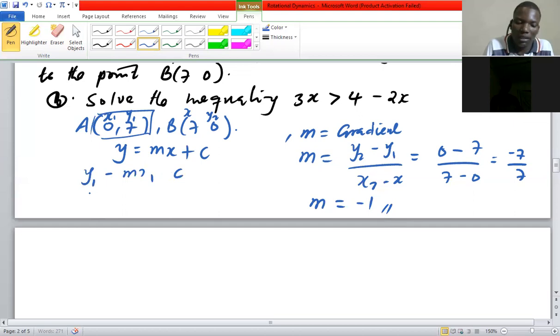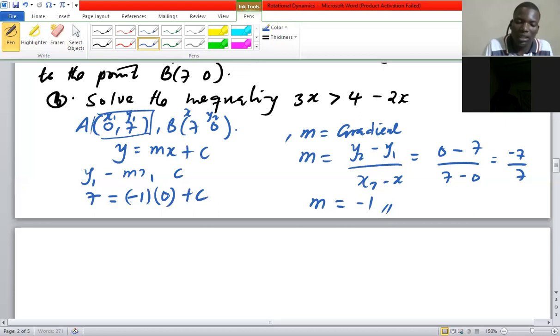So y1 is 7, equal to the gradient negative 1 times x1, which is 0, plus c.